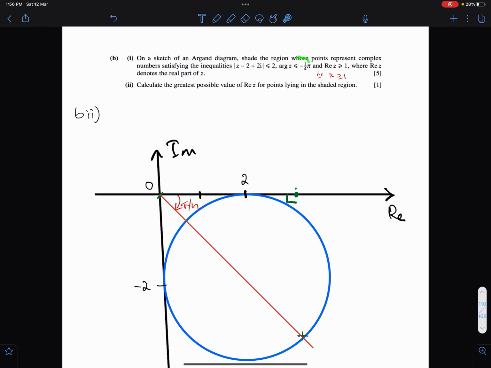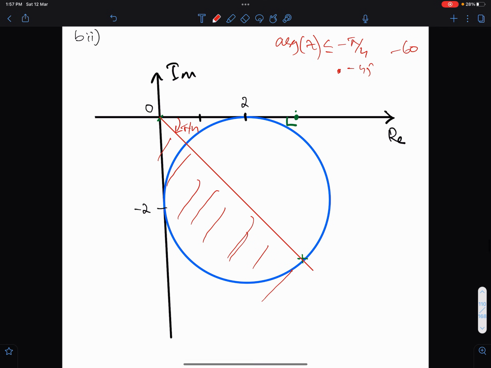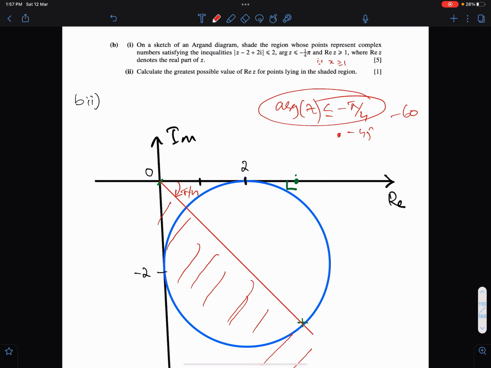And according to this line, argument z less than or equal to minus pi by 4 means this is the required region. Because minus a small angle, angles which are less than minus 45. So minus 60 is less than minus 45. So this is the required region according to this inequality.